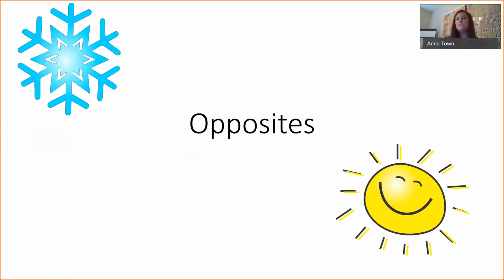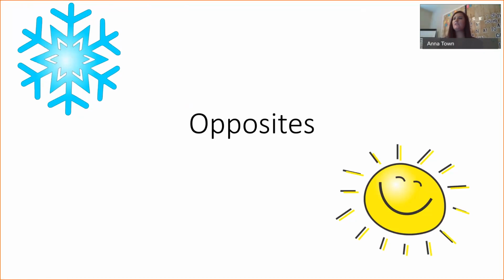Here I have a snowflake and here I have the sun. I want you to think, what could I be talking about on this page? I'm talking about cold versus hot. Those are opposites.